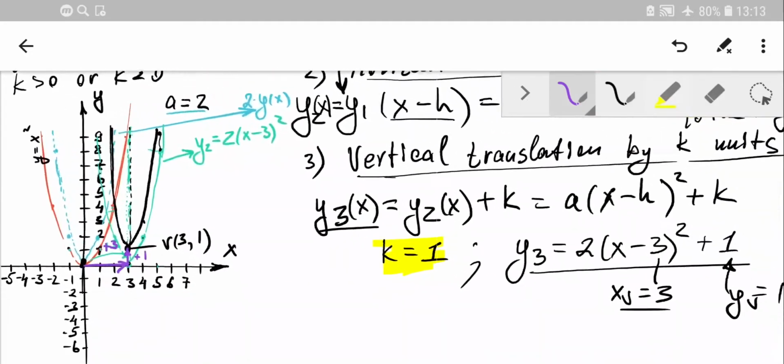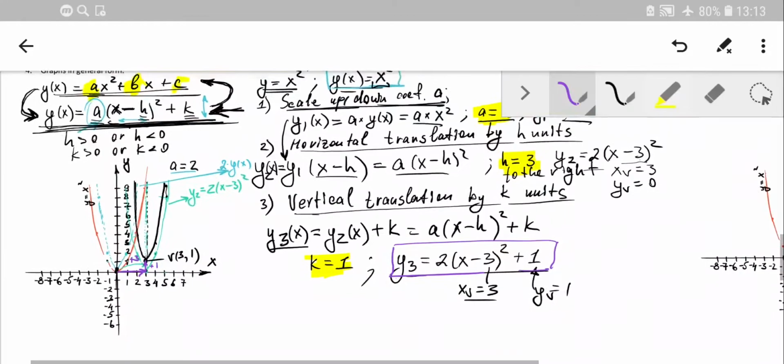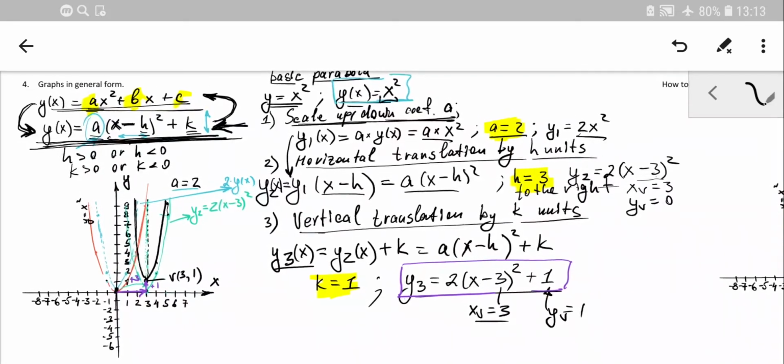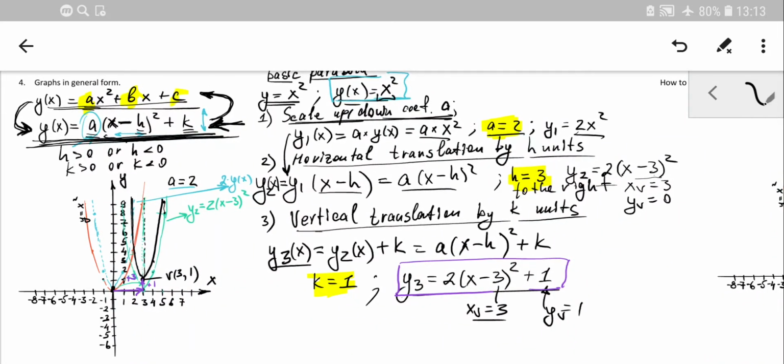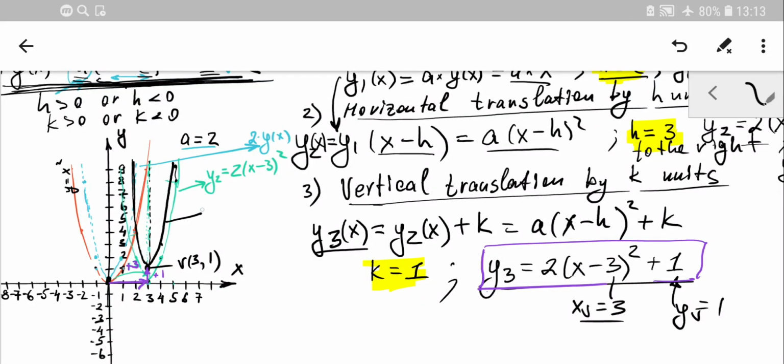We've translated, and we've got this form as the final function after all 3 transformations applied in consecutive order, step by step. And that's how we get the black line, which stands for function y3, which is 2 times (x minus 3) squared plus 1.